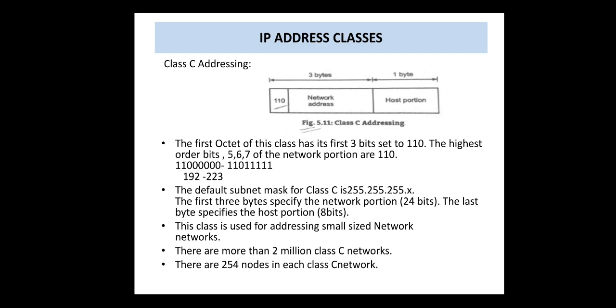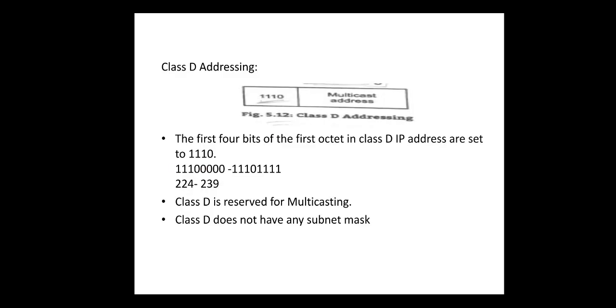The default mask is 255.255.255.0. The 24 bits specify the network portion and the last 8 bits specify the host portion. It is used for small size networks. There are more than 2 million class C networks and there are 254 hosts in each class C network.